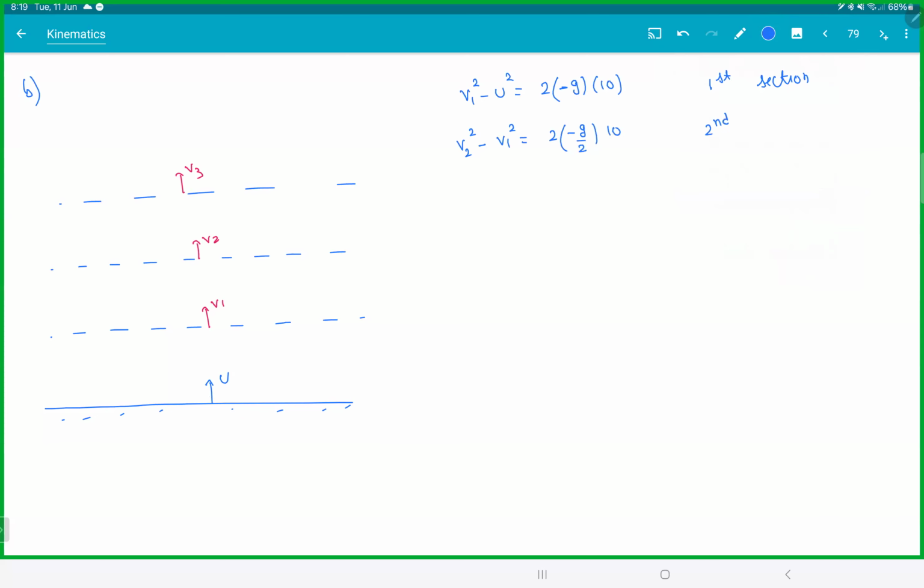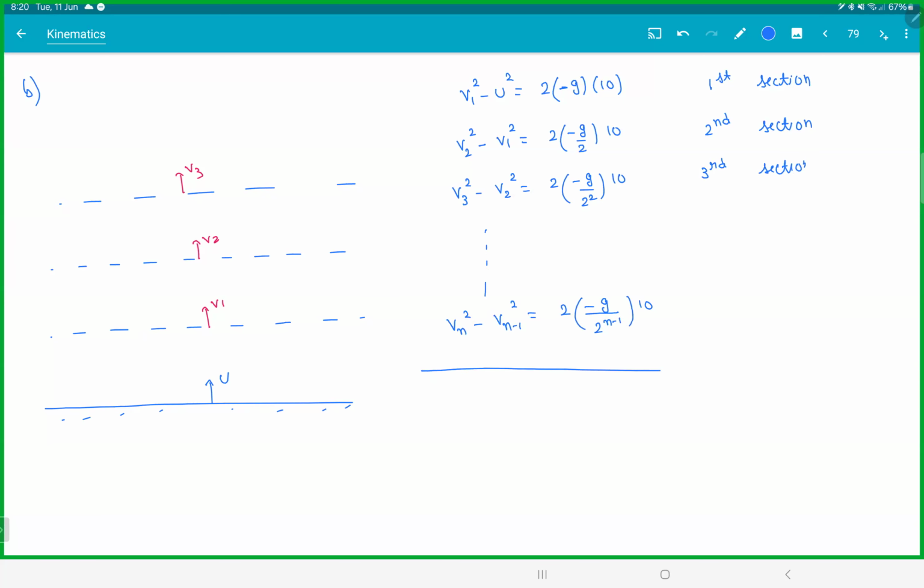This is for your second section. v3 square minus v2 square is 2 into minus g by 2 square into 10, g by 4. This is your third section. And if you keep on doing this, you will end up with vn square minus v n minus 1 square would be 2 into minus g by 2 to the power of n minus 1 into 10.